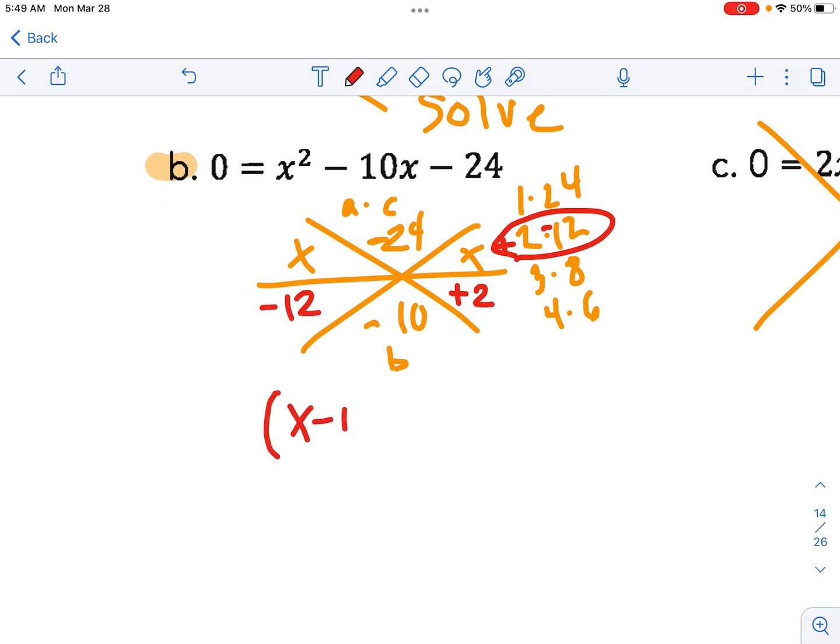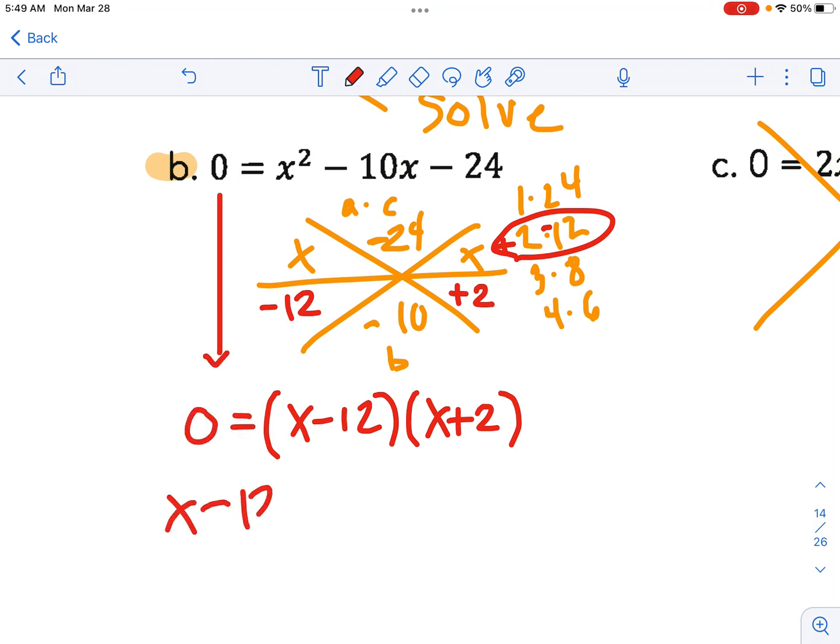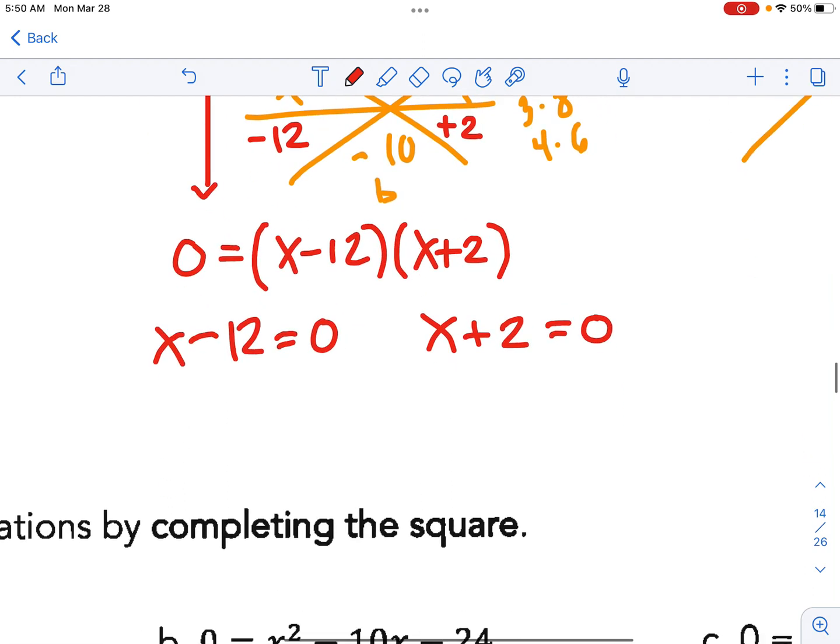So we have x minus 12 times x plus 2, and that equals 0. If those are the two factors of that quadratic, then if we want the quadratic to be equal to 0, one of those factors has to be equal to 0.